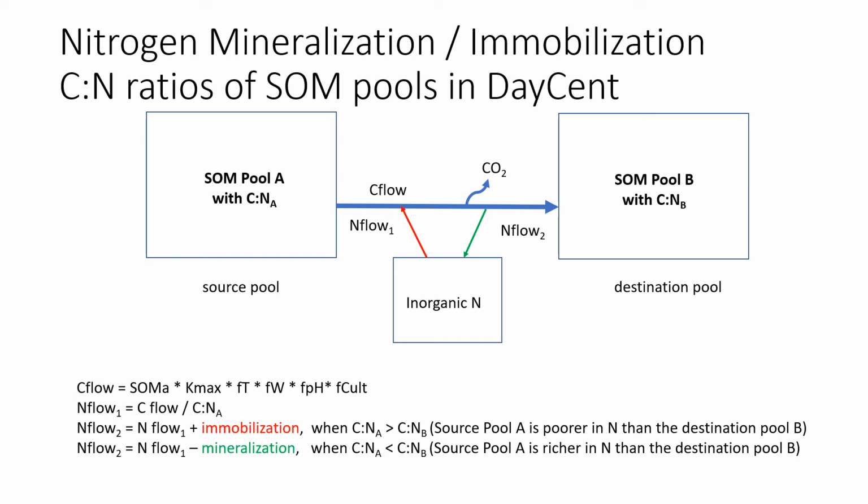So when pool A is nitrogen poor relative to pool B, or in other words, when pool A has a higher carbon to nitrogen ratio than pool B, then when there's that flow of material from pool A to pool B, some inorganic N is going to get pulled into the flow before it goes into pool B. Conversely, when pool A is nitrogen rich relative to pool B, meaning that the C to N ratio of A is lower than the C to N ratio of pool B, then some of that nitrogen can be released when that soil organic matter is flowing between the two pools.